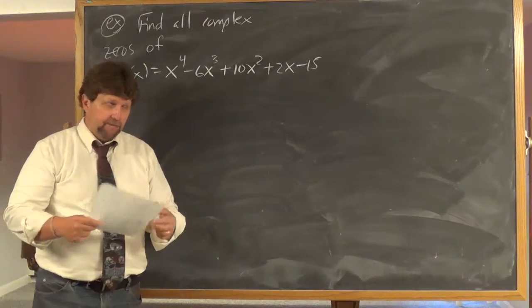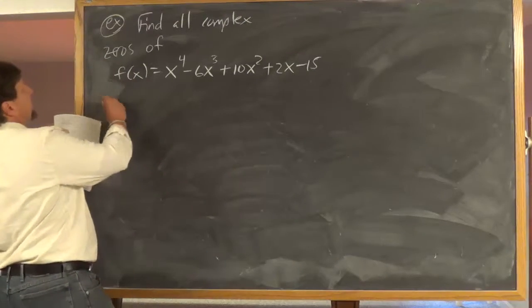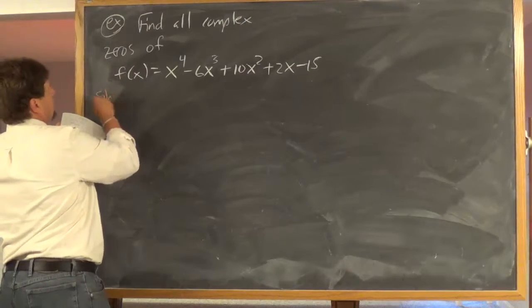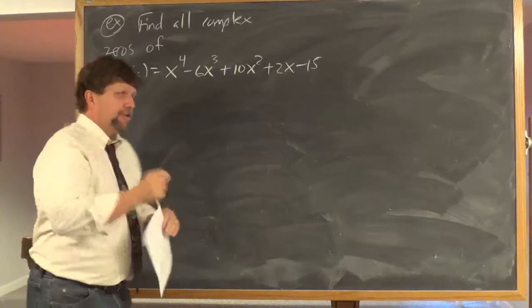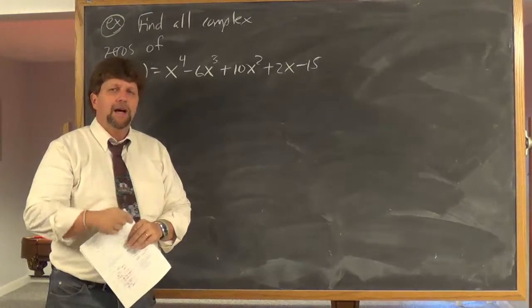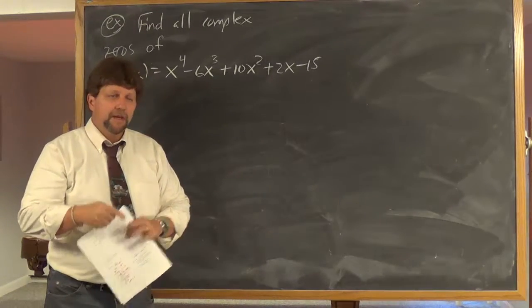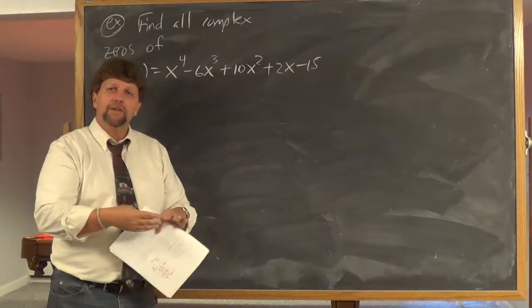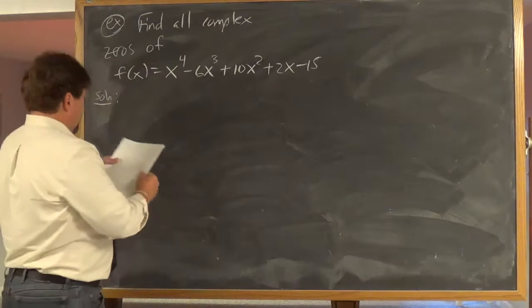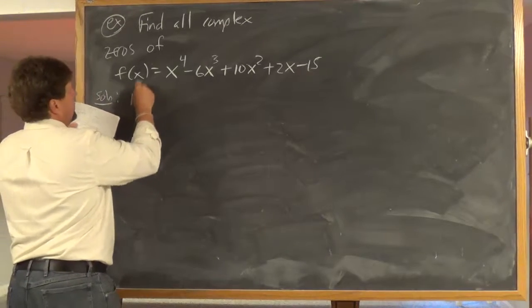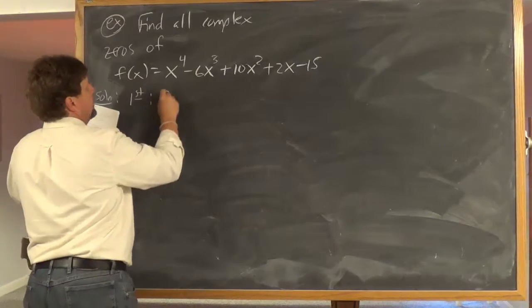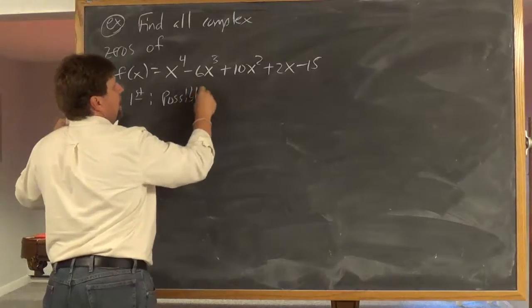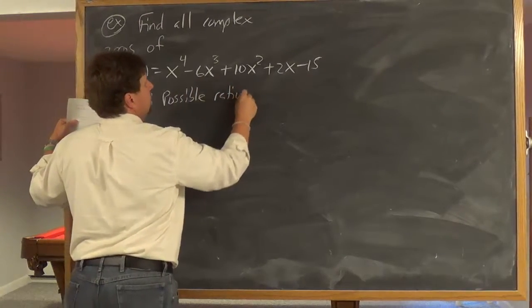Here's how I would attack the problem. The first thing I would do is list all possible rational zeros. So that's kind of like the last example we did. We listed all the possible rational zeros.